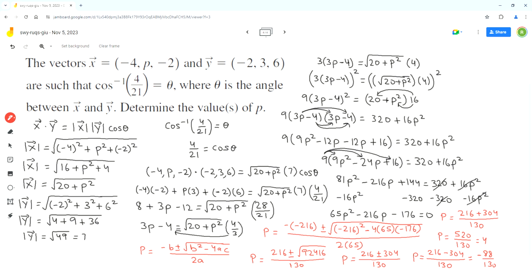Now this fraction can be reduced to negative 44 over 65. So this should be the second value of P. So there are two values of P for this problem.